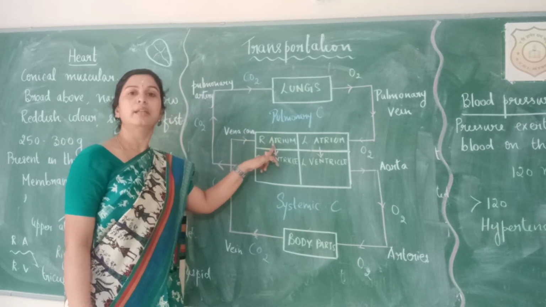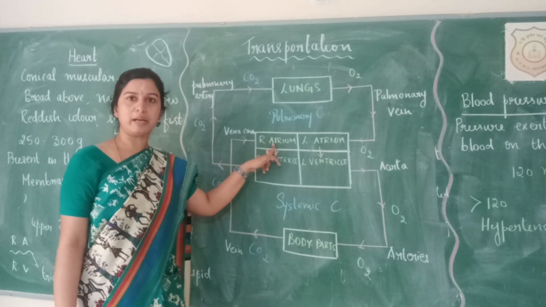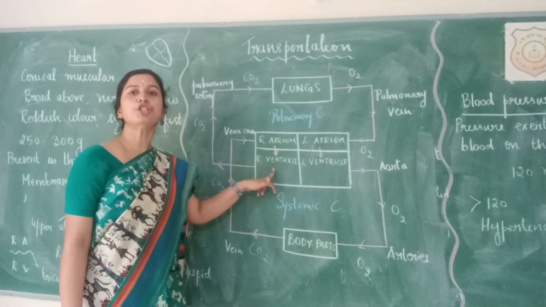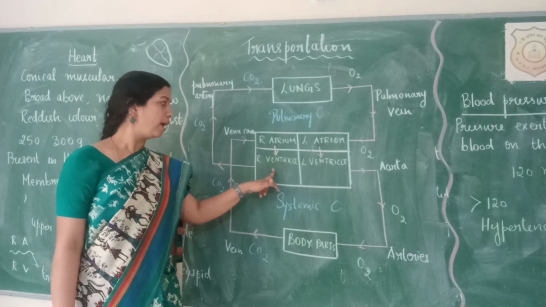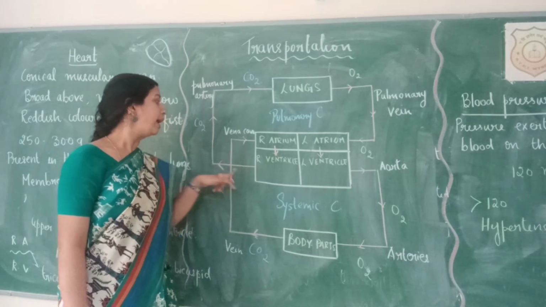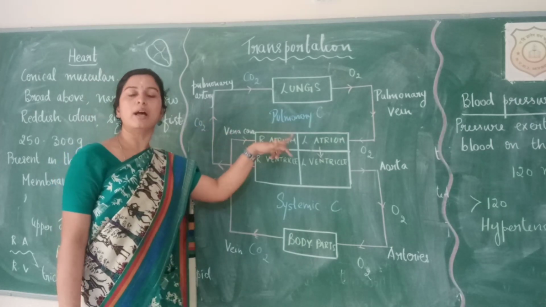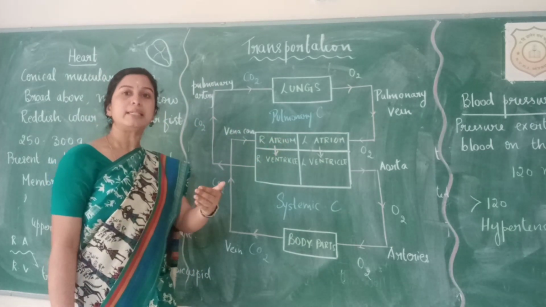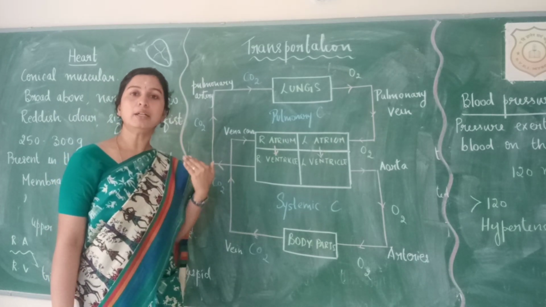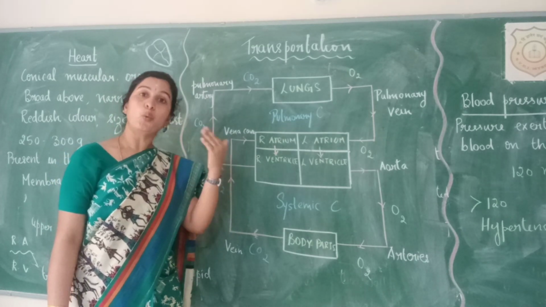So now the right atrium is filled with deoxygenated blood. From here it is pushed into the right ventricle through the tricuspid valve, and from the right ventricle it is taken back to the lungs for purification. So this deoxygenated blood is taken from the heart again through an artery. Now which artery?